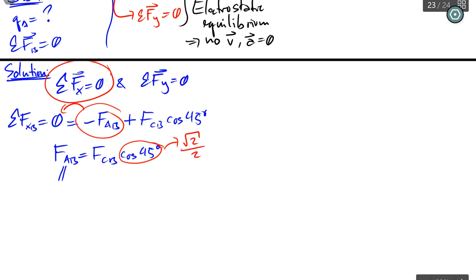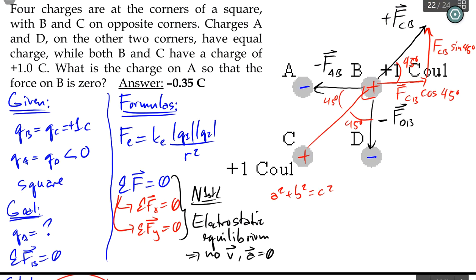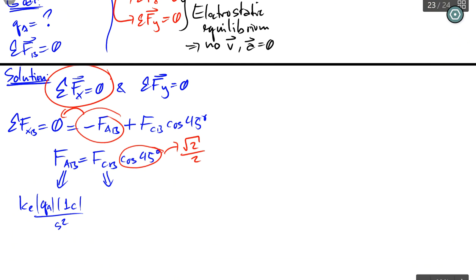So applying Coulomb's law to this, we're going to get KE, QA, is that what we're looking for? And the value for B is actually 1 coulomb over S squared, because the side here is S. And then I have KE here as well, and the charges of C and B are actually 1 coulomb apiece.